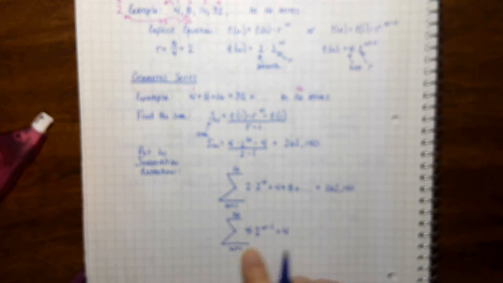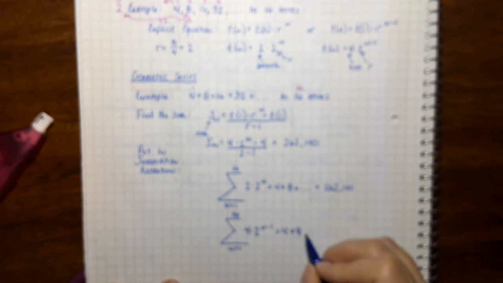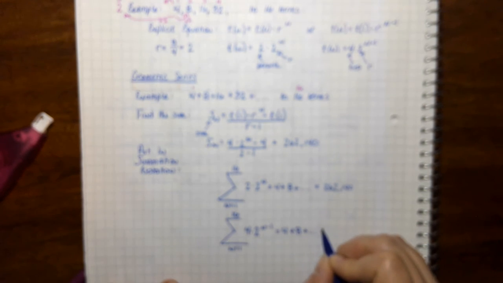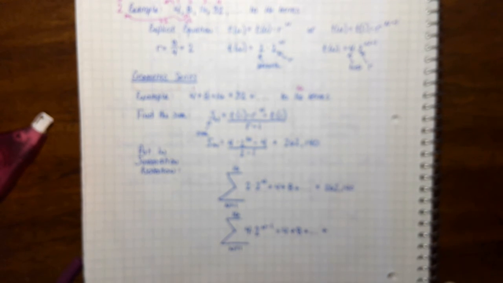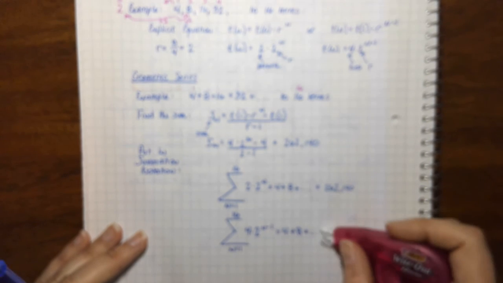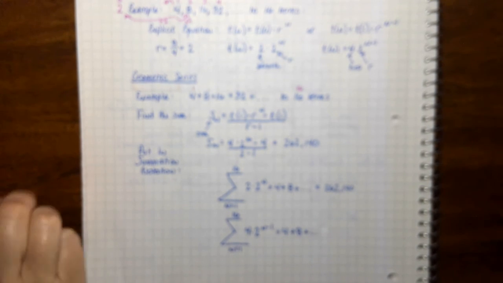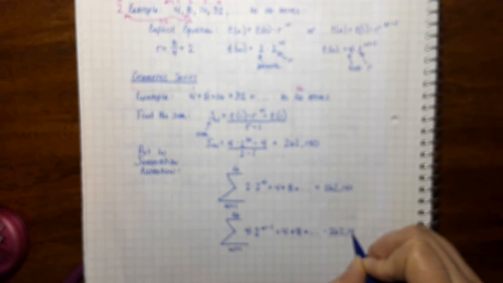Going up to 2. 2 minus 1 is 1. 2 to the 1 is 2, times 4 is 8. Okay, so this is supposed to keep bringing out exactly the same series we have here. And then equals 262,140.